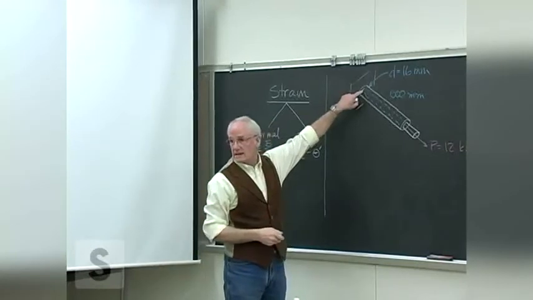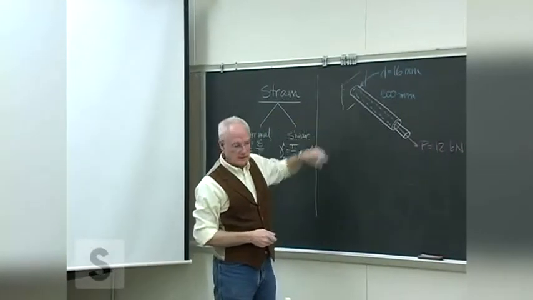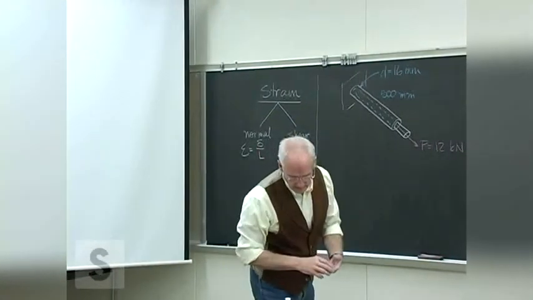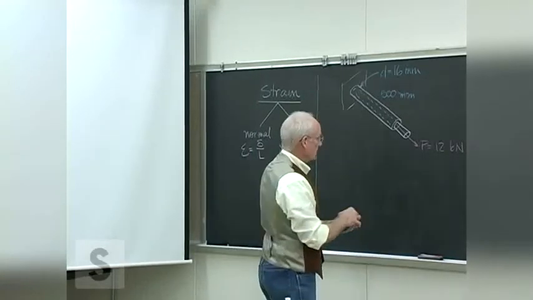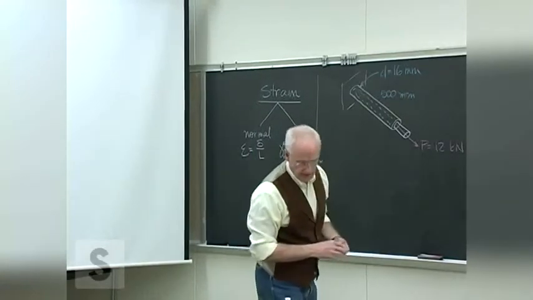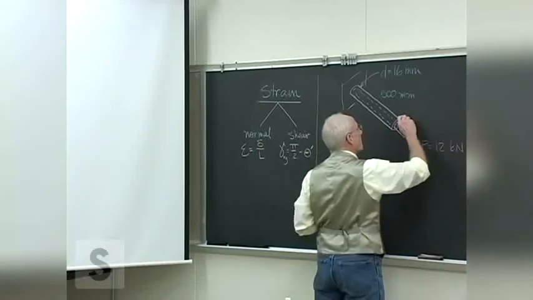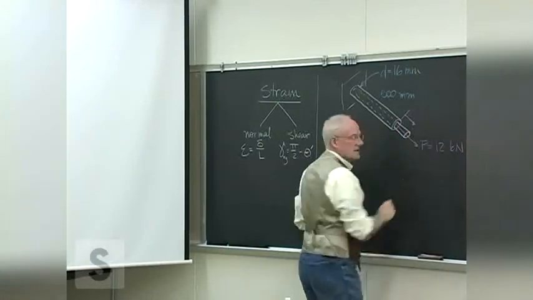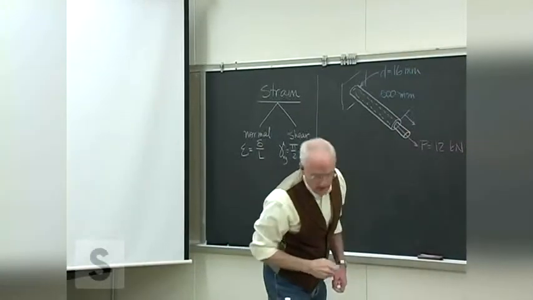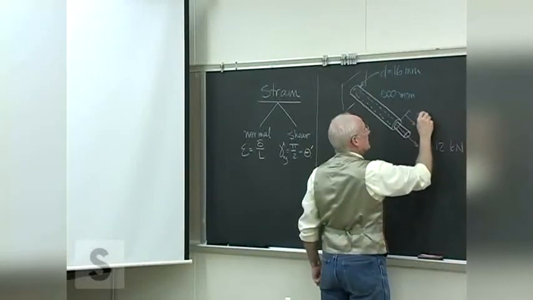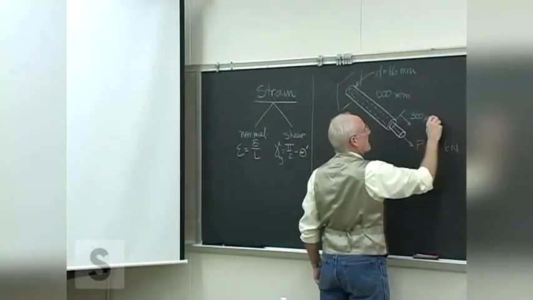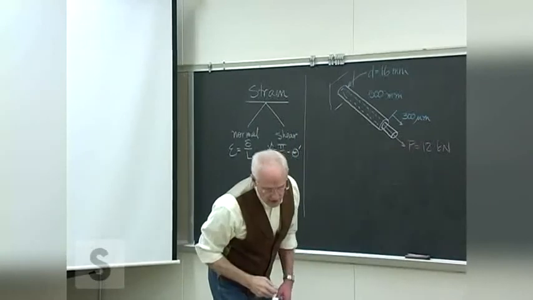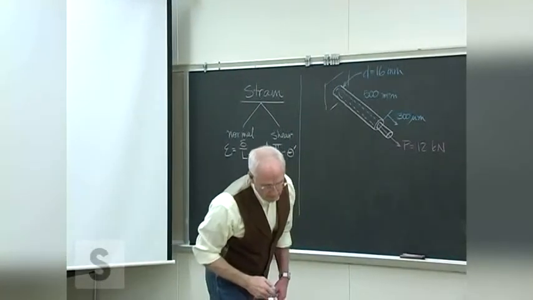Not all the way back to here. It'll spread out to the original connection distance, but remember we're looking at average strains here. So let's say it increased in length by 300 micrometers. So not very much, barely visible.